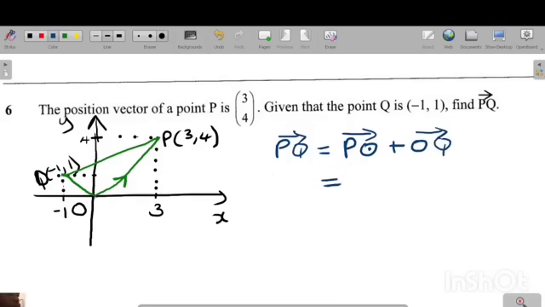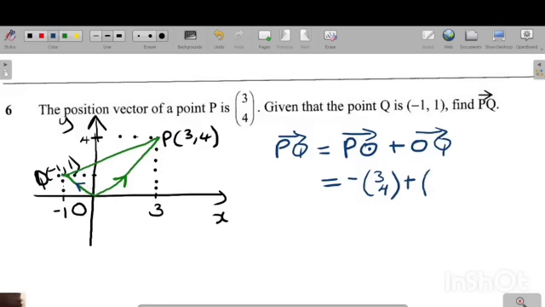So what is PO? When you are moving from O to P, because you are going along with the direction, the vector is positive. But when you are moving from P to O, it means the vector is going to be negative. So you are going to have negative 3, 4 plus OQ. Because you are moving from the origin to this point, you are going along with the direction, it will be positive.